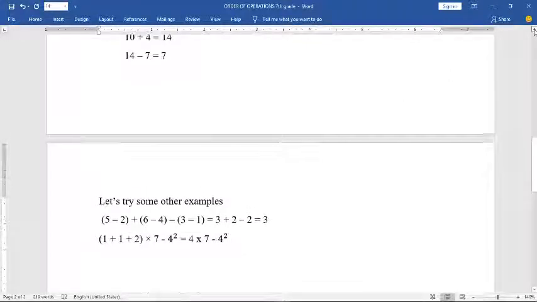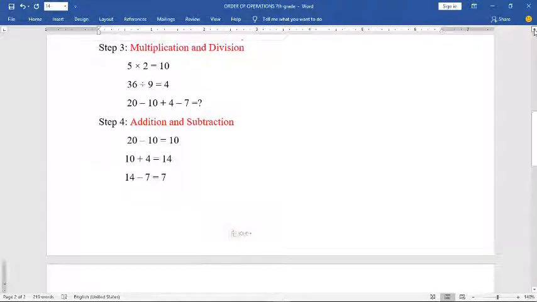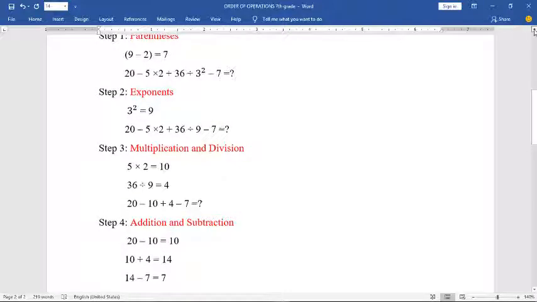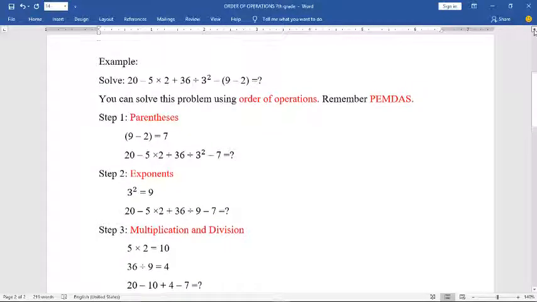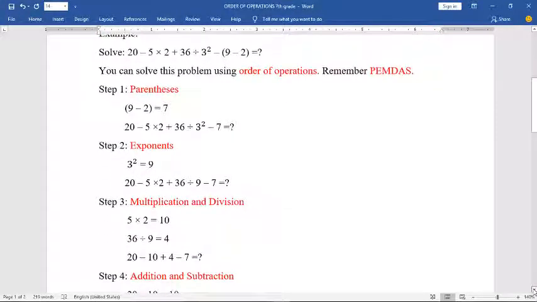After P, let's go back to this word, PEMDAS. After P, we have to deal with the exponents. Let's go back to the problem now.